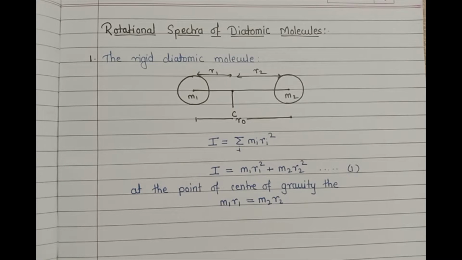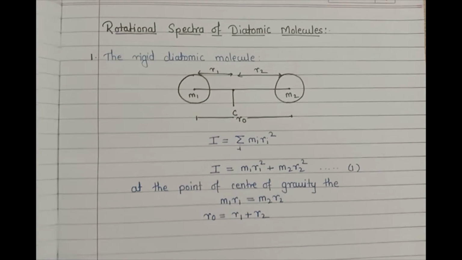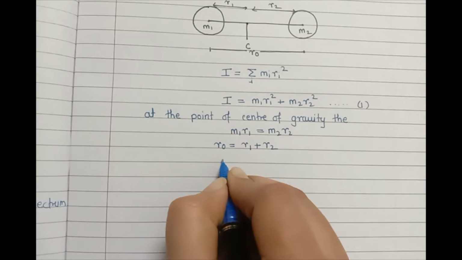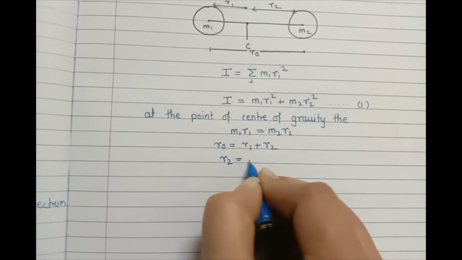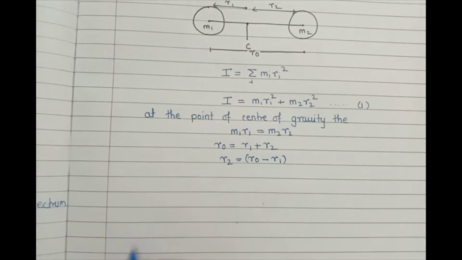Is it okay? So now we know that R0 is equal to R1 plus R2. So now R2 is equal to R0 minus R1.